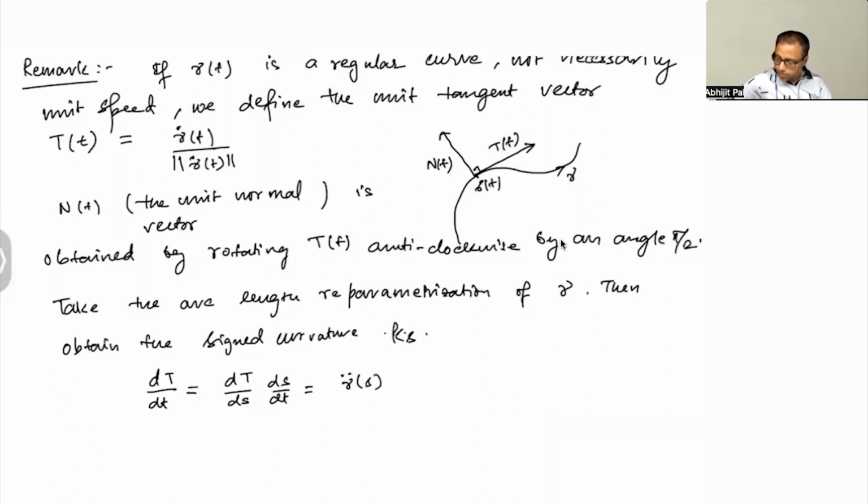And ds/dt is the norm of gamma dot t, and gamma double dot s is equal to k(s) times the normal vector, from here. And then you have this norm of gamma dot t.